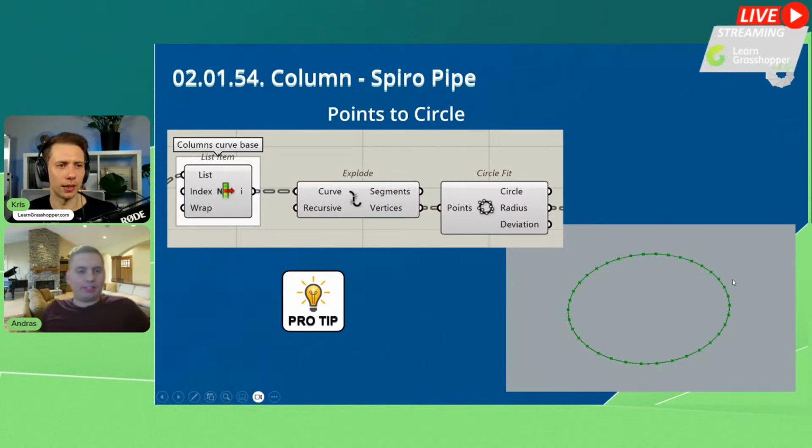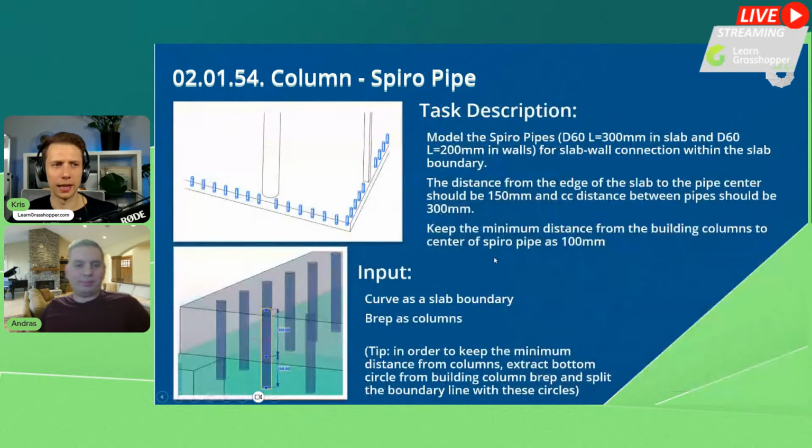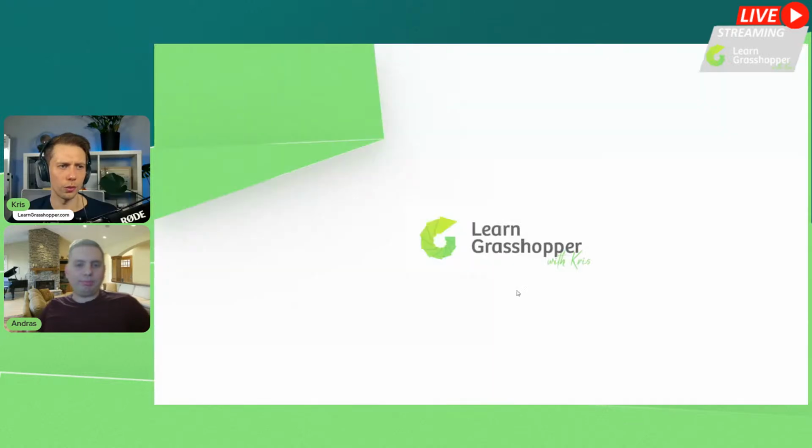They will be polylines. So the pro tip is that we can explode this BREP, and we get all the points, and we can create a new circle. So it will be a great fit. We can rebuild it, and you can get a perfect circle. This is one of the case studies that is already waiting for you.